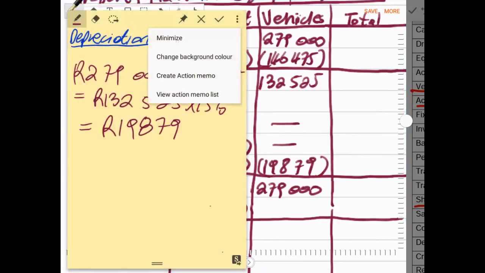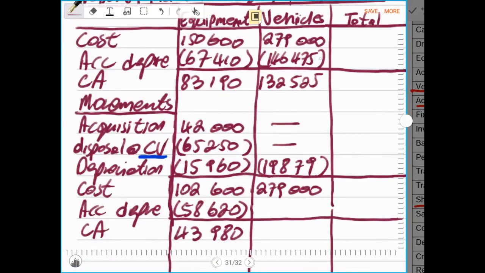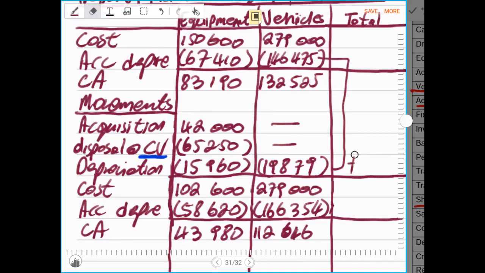So now we can just say opening accumulated depreciation plus depreciation will give us closing accumulated depreciation, and that will give us a closing of 166,354, and the carrying amount at the end of the year is 112,646.